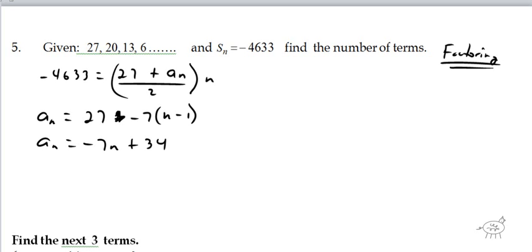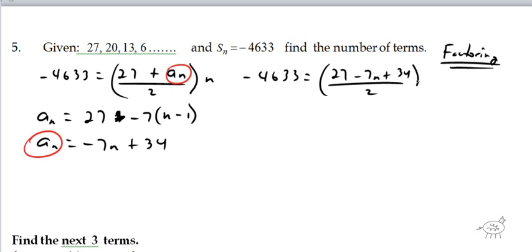So that a sub n then goes into that spot right there. And so we wind up getting negative 4633 equals 27 minus 7n plus 34 over 2 times n.